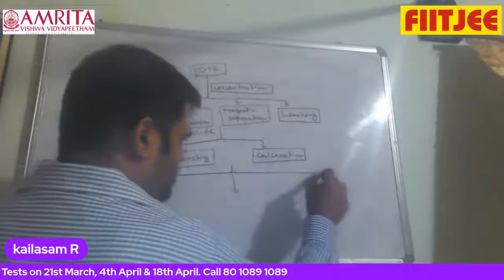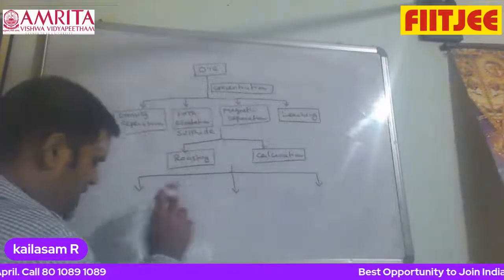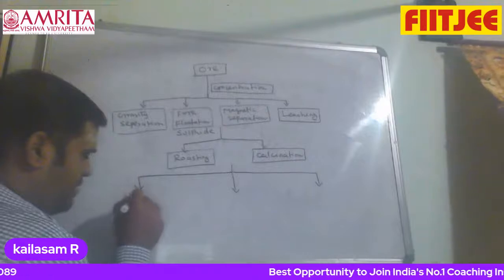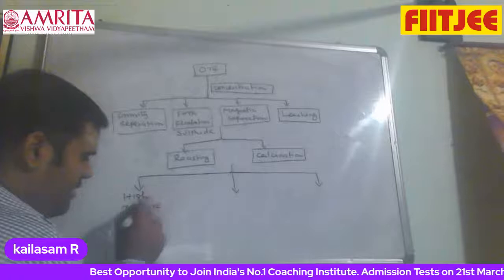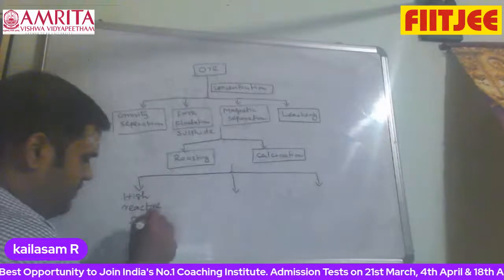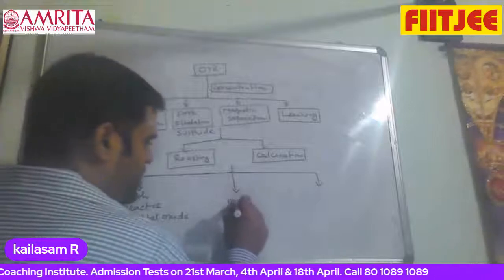Now in this case, there are cases one by one. Once you got the metal oxides, what are the metal oxides? One will be the high reactive metal oxide category. Here the moderate reactive metal oxide.